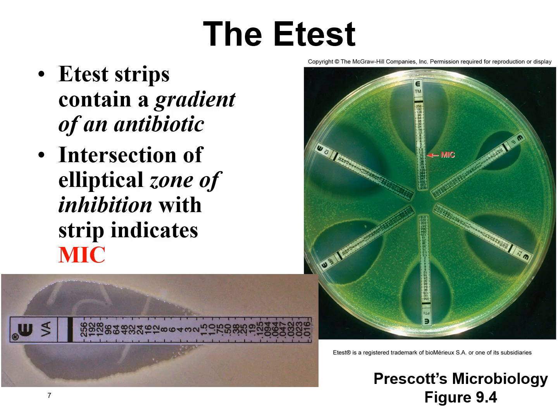So if we take a look at this picture on the bottom, where that zone of inhibition crosses the strip, you can see that our MIC for vancomycin would be 1.5 micrograms per mL. That means in our patient, we want the vancomycin levels to be higher than 1.5 micrograms per mL at the site of the infection to kill off the bacteria.